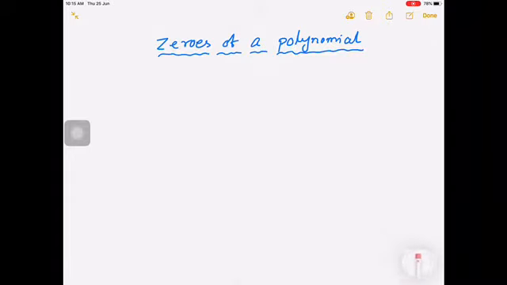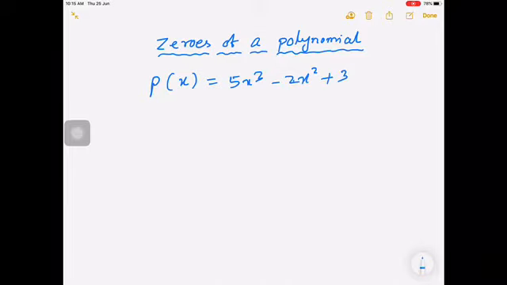Let us take p(x) equal to 5x cube minus 2x square plus 3. We have taken one example, 5x cube minus 2x square plus 3. Now let us try to put the value of 1 for x. If x equal to 1, then what happens to the polynomial?